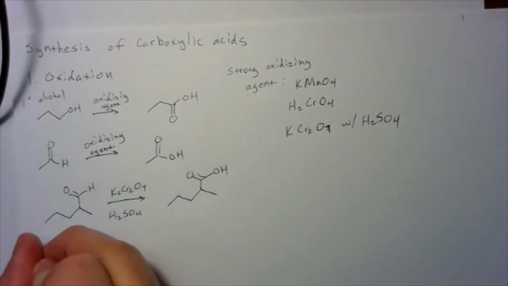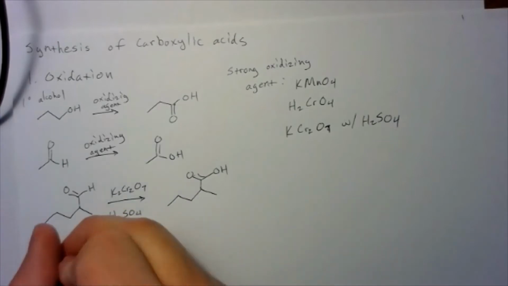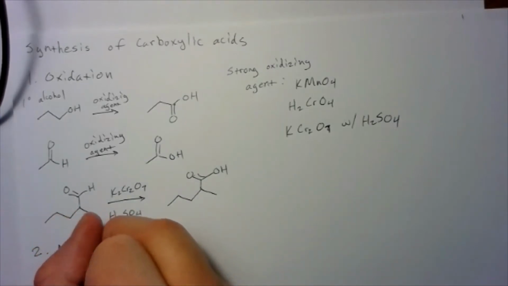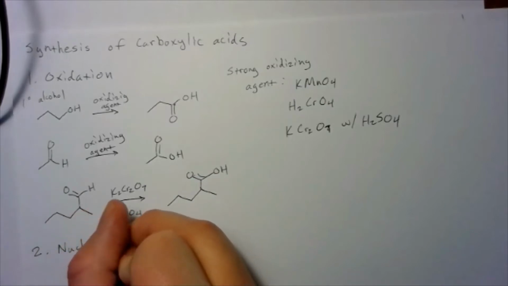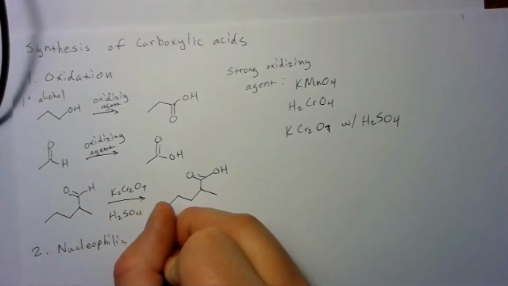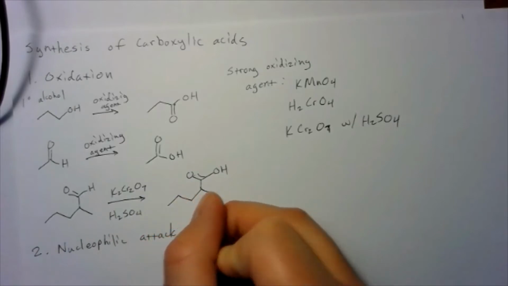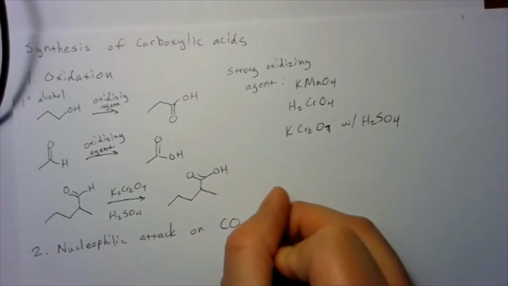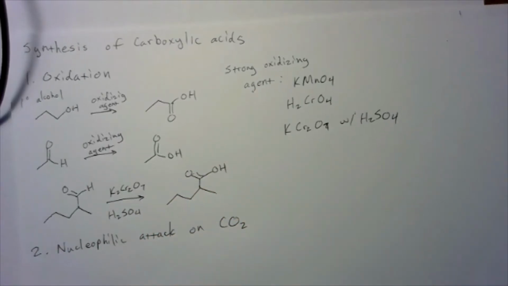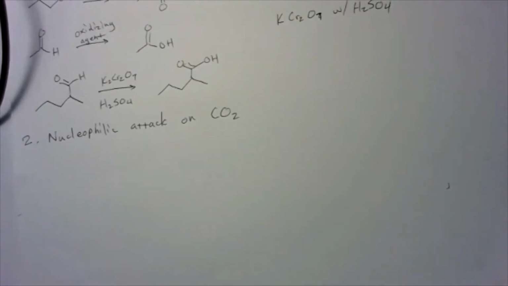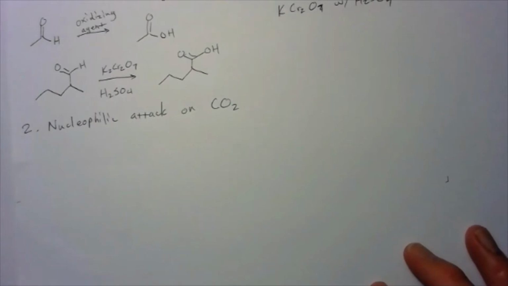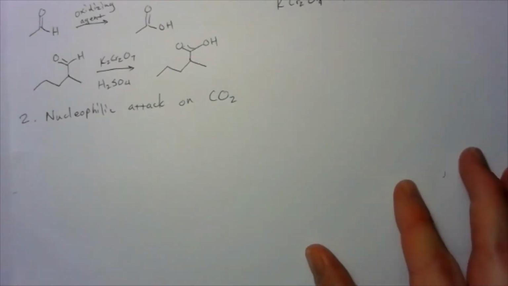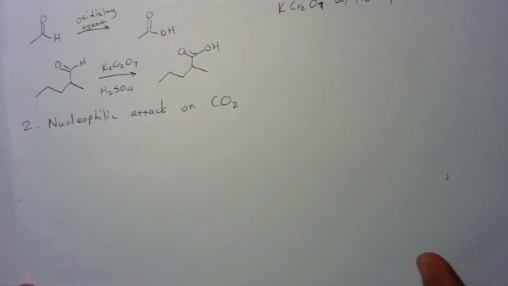The second main pathway that we could use is a nucleophilic attack on carbon dioxide. So this approach would use our Grignard reagent.